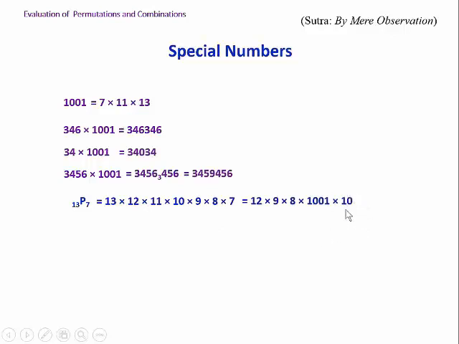Put the 10 last because it's easiest to multiply by. So we're going to multiply here 12 times 9 times 8, 108 times 8, that's 864, times 1001 times 10. So the 864 gets repeated, 864,864, and the 10 gives us the 0 on the end.